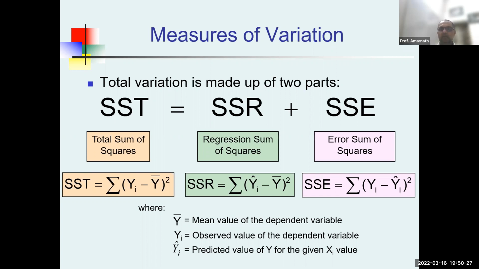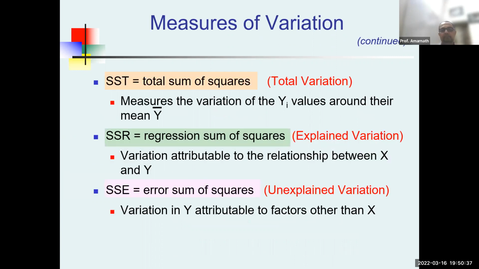It is the same data, you remember the managerial economics example, that we are trying to predict. SST measures the variation of yi around the mean. Regression sum of squares is the explained variation, and error sum of squares is the unexplained variation.